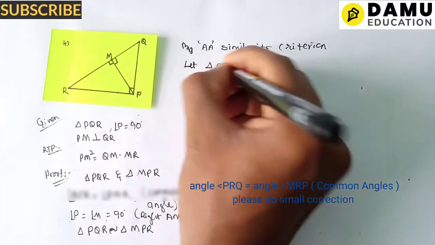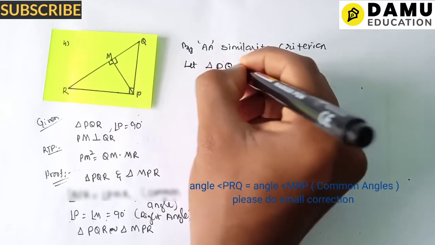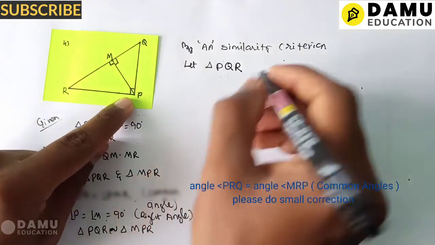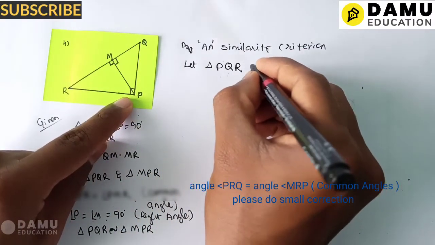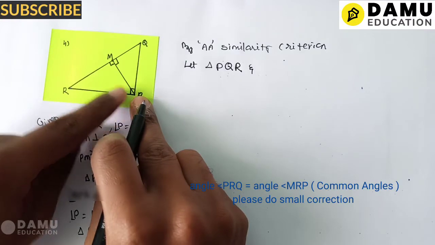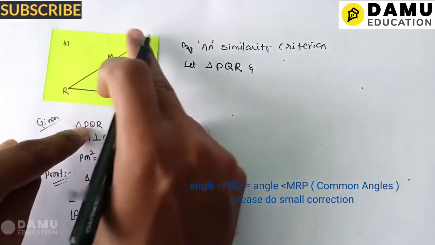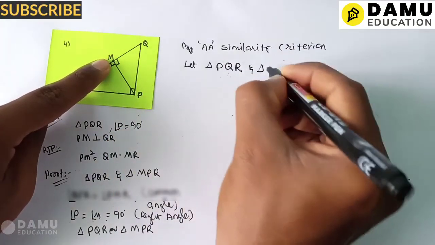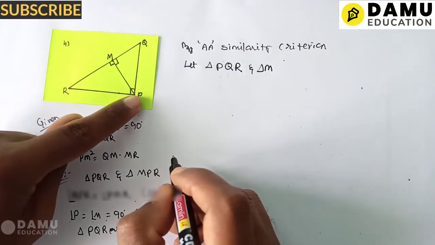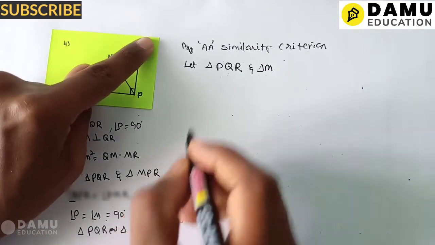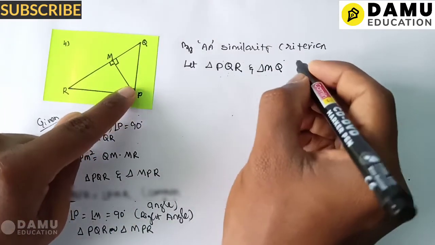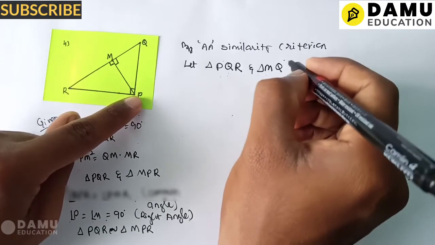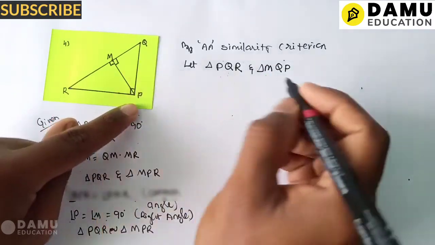P is at right angle, 90 degrees, and I want to take triangle MQP, which also has 90 degrees at M. Here also Q is common, and the next one is P, R for that P. So it is a base.